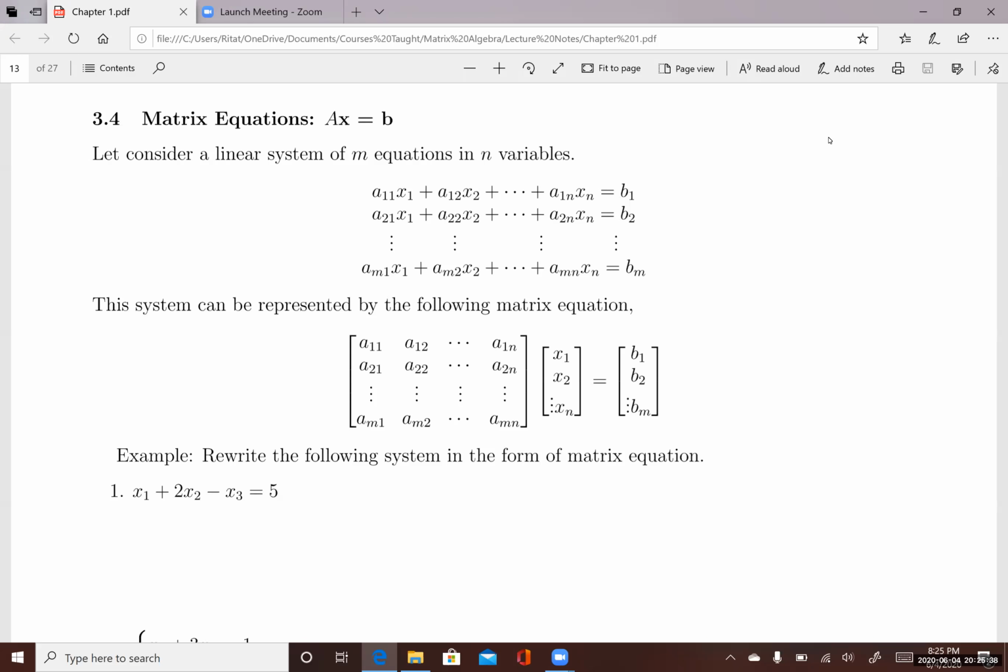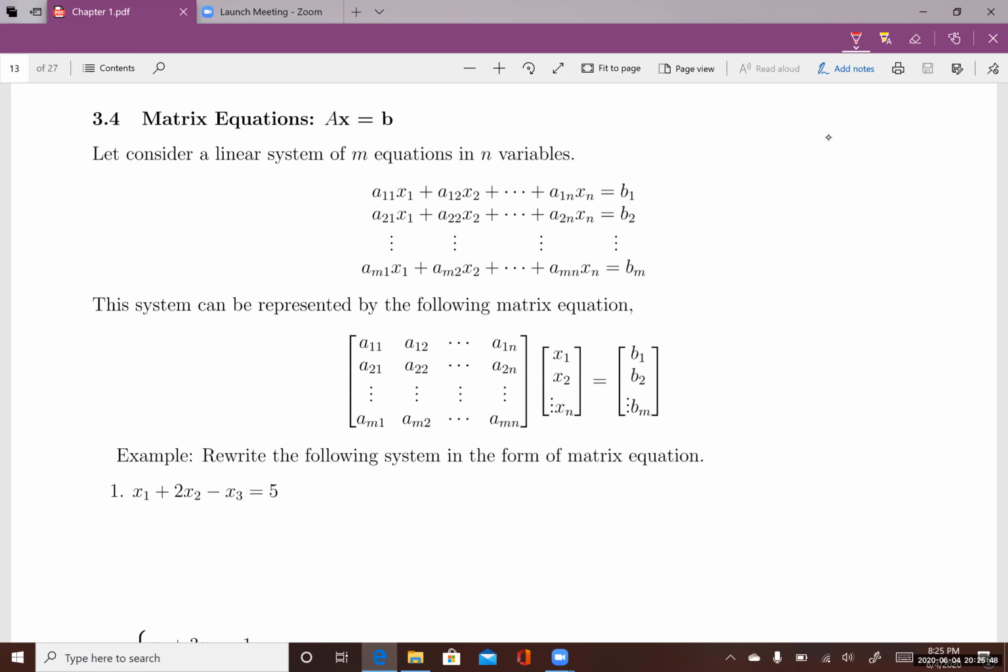This lecture introduces matrix equations AX equals B, where A is a matrix, X is a column vector, and B is another column vector.